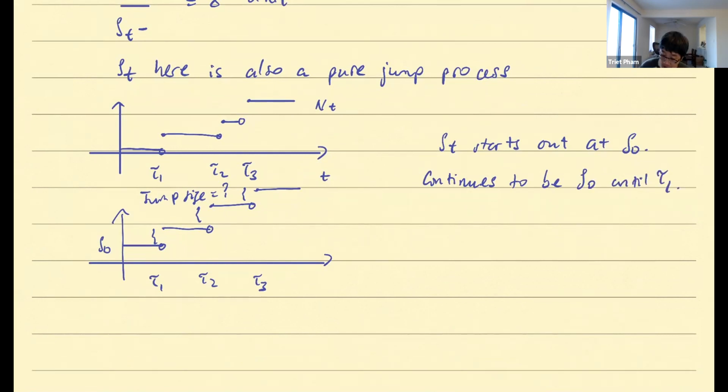At tau 1, there's a jump. So the question is, what is S tau 1? Because that's the only question left. After we figure that out, we will know the whole story about the stock price.